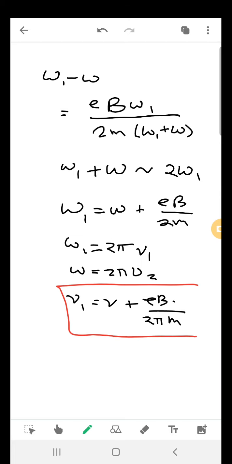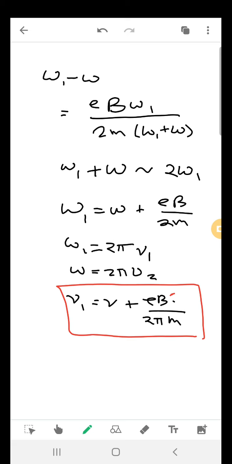You can see that it is due to this magnetic field that there is a change in the frequency. This is for nu1, where we have assumed that the force due to the magnetic field adds to the already existing centripetal force.